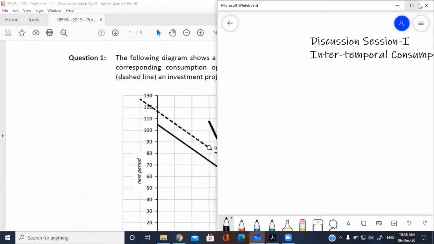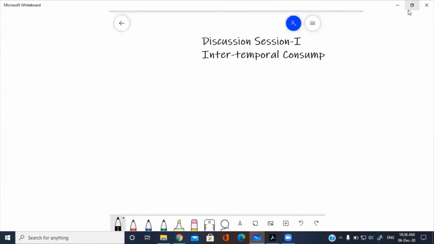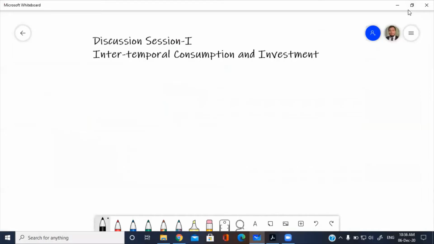So in today's session we will try to see some problems related to the topic on which we had discussion and classes in lecture 2 and sessions 2 and 3.